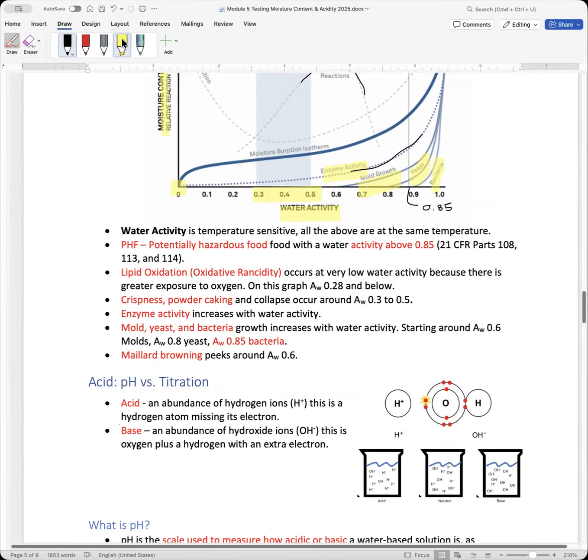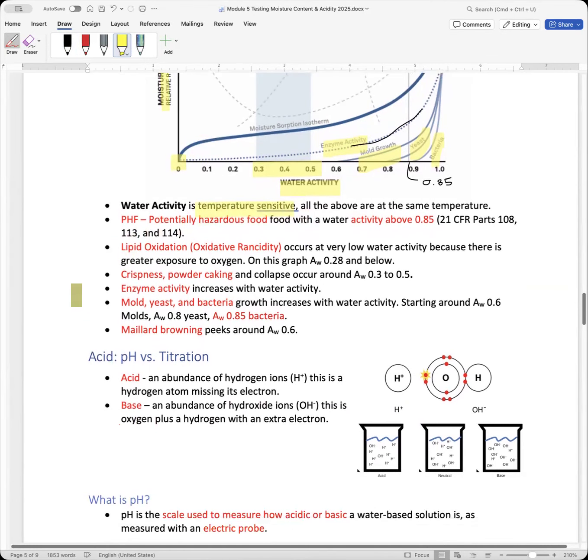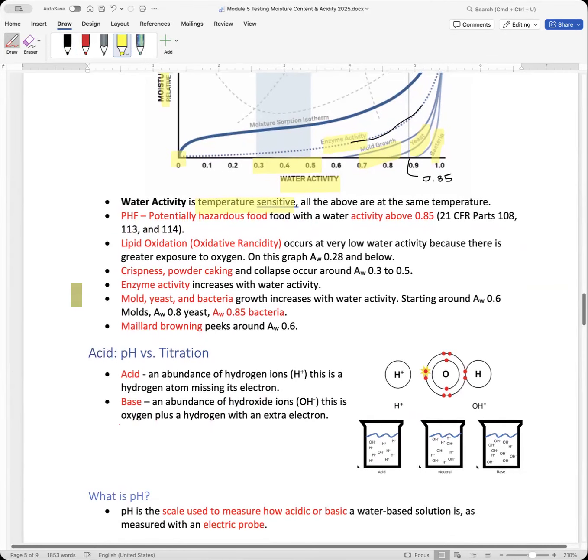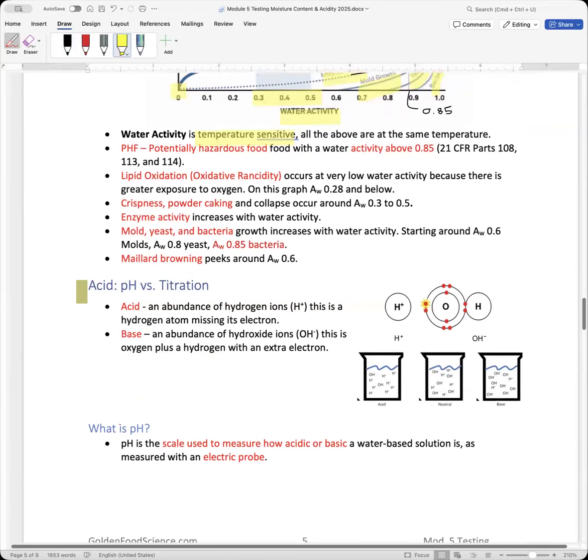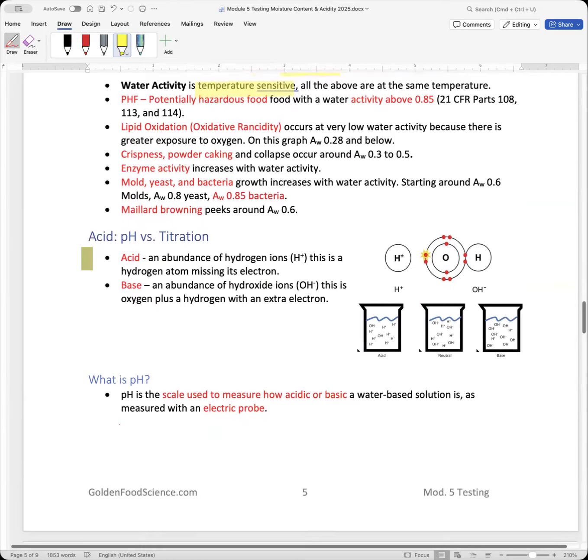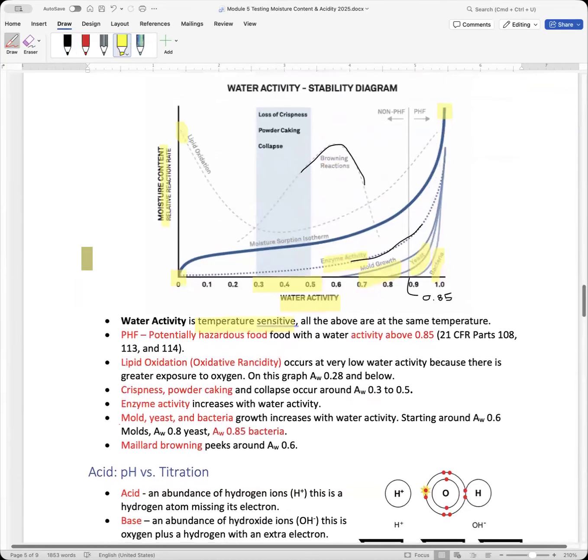Just a couple of things to think about. Water activity is temperature sensitive. Again, potentially hazardous foods have a water activity above 0.85, and that's in the Code of Federal Regulations. You do not need to know the numbers of where it shows up, but it's there. All of this is just what I talked about before. Any questions about water activity and moisture content?